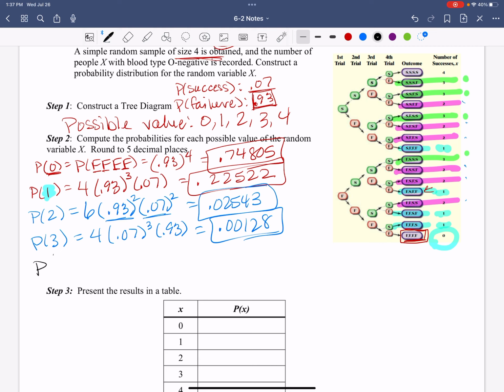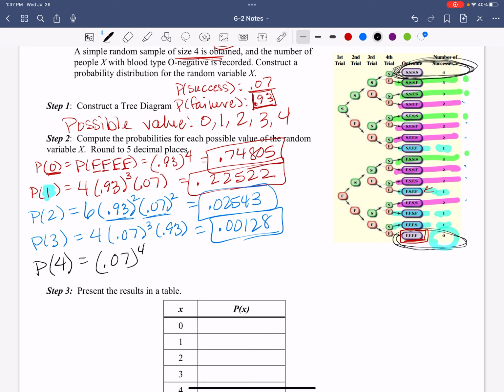Now, what if I have the probability of all 4 people that I'm talking to are going to have O negative blood type? How many options are available for that? Just that one. Okay. And if I'm looking at this, I have 0.07 to the 4th.